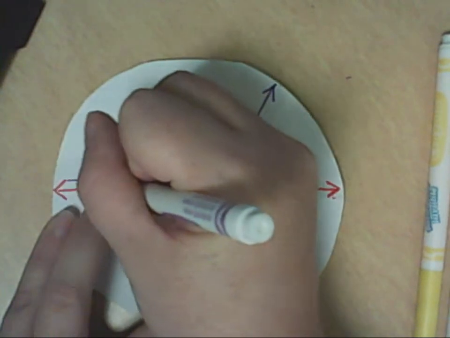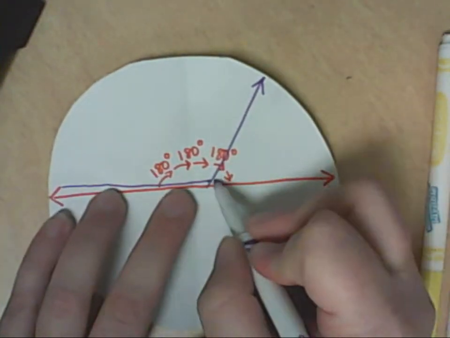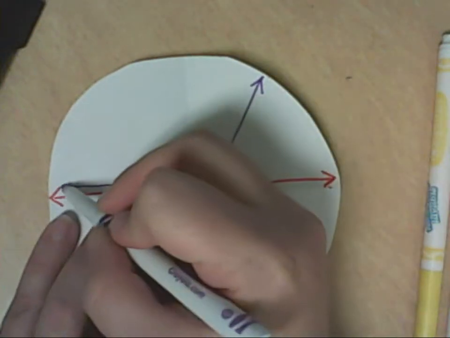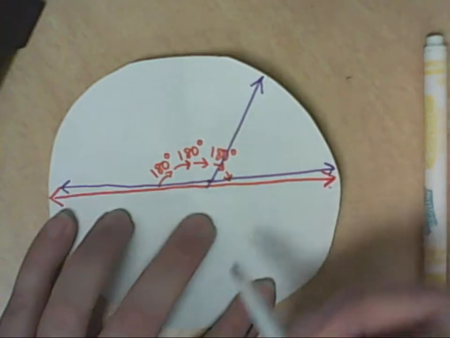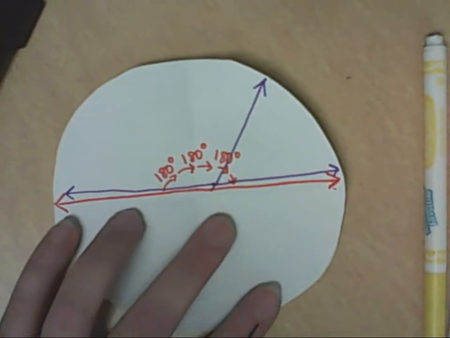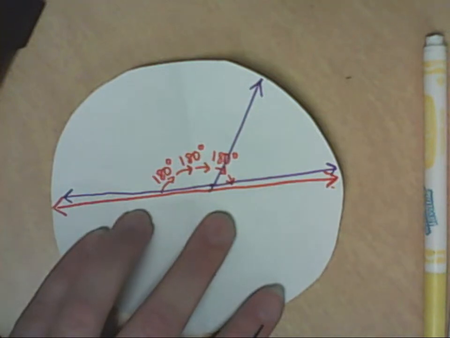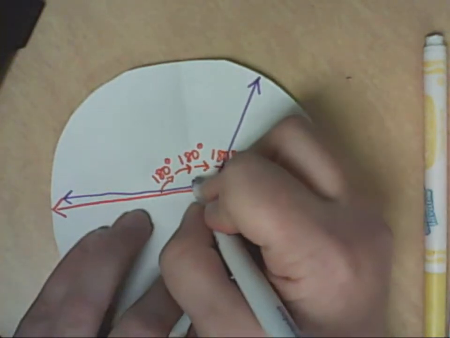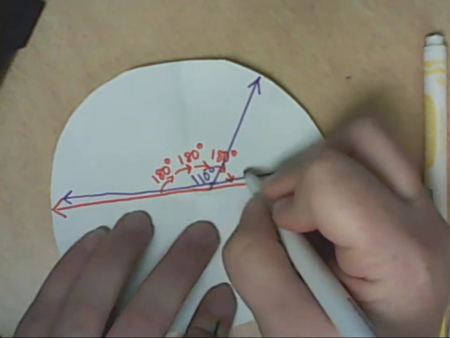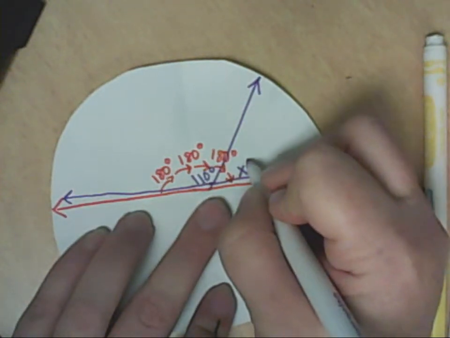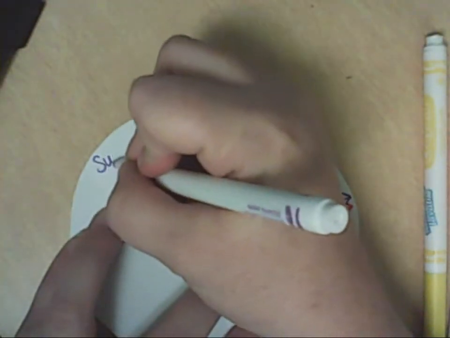So this purple angle and this purple angle together are going to add up to 180, and that means they're supplementary. So let's say, for example, that the measurement of this angle is 110 degrees, and this one is x degrees.